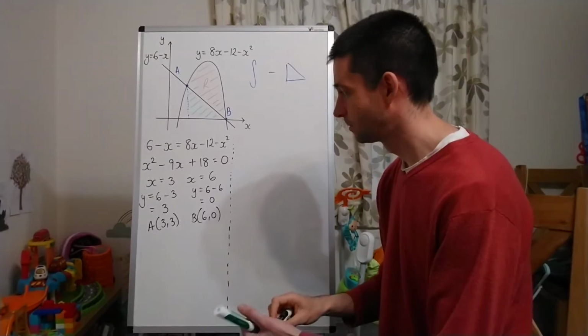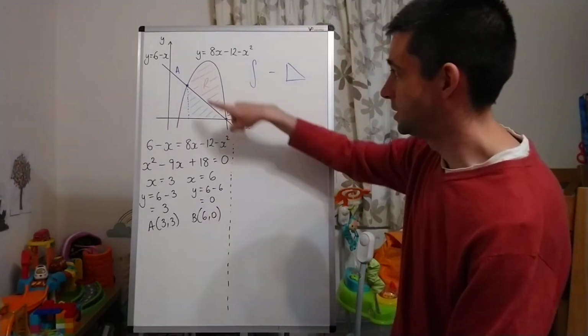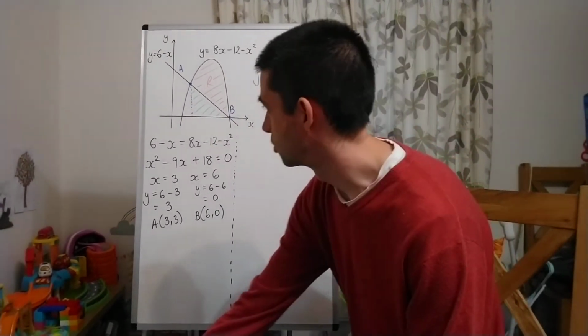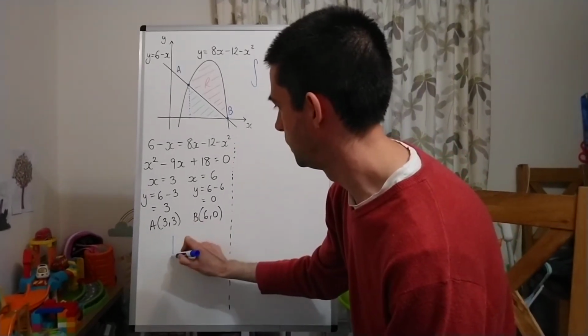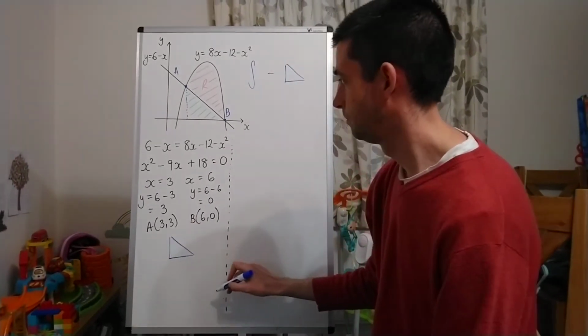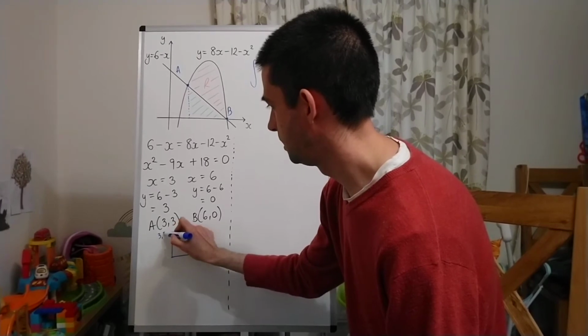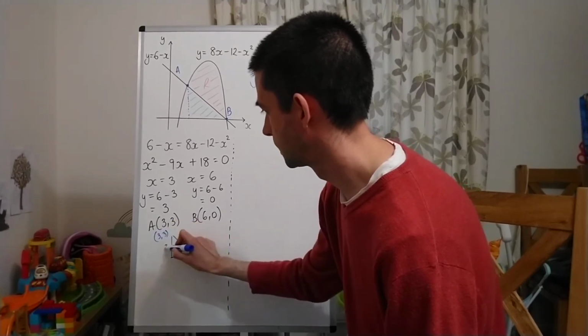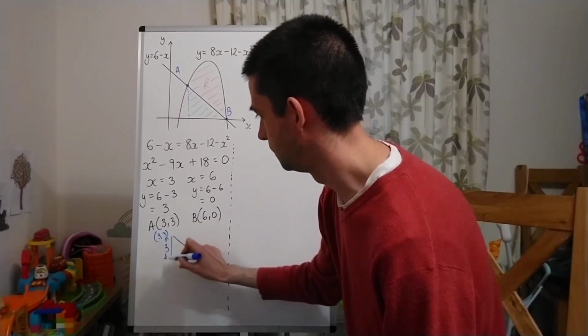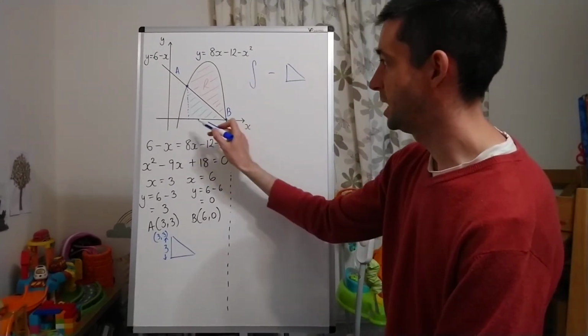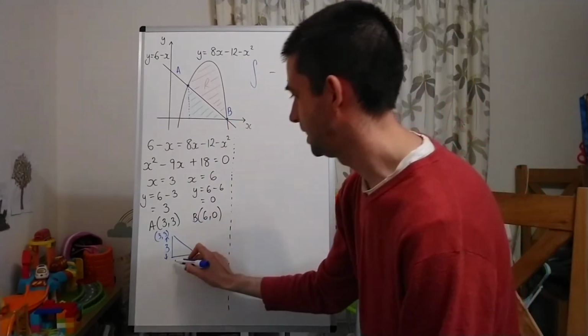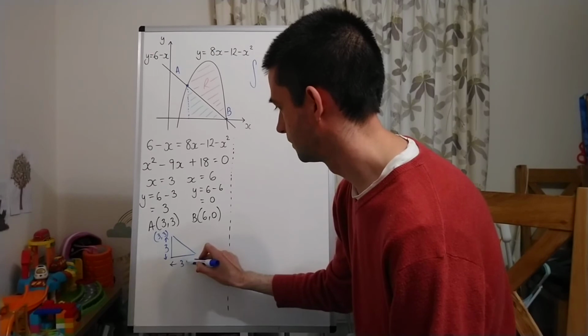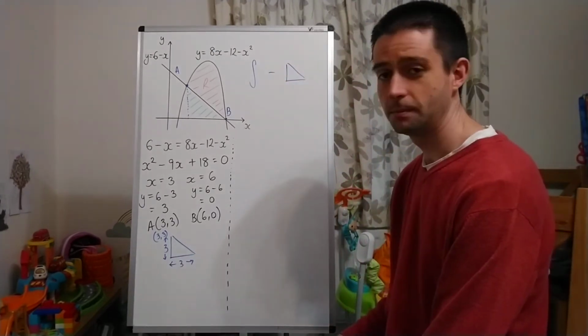Let's carry on. So what I'm now going to do is find the area of this triangle. So just a very quick sketch of it here. This point up here is the point 3, 3, which means that this is a length of 3. Along the base of it, we're going from 3 to 6, so this is also 3.